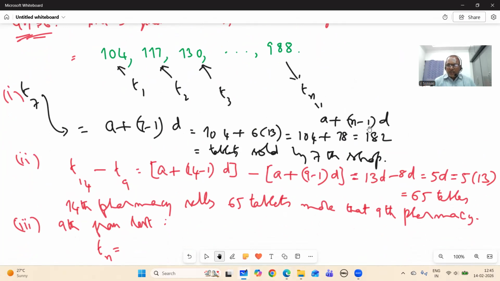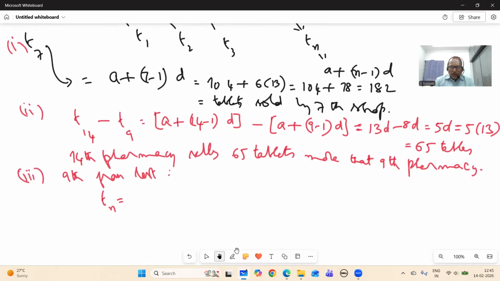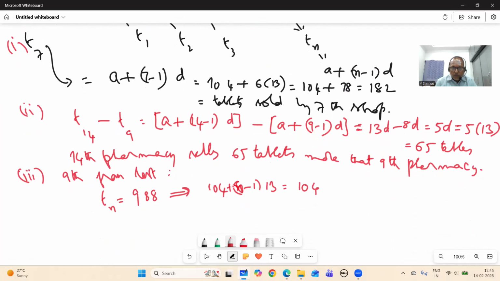We'll make it equal to a plus n minus 1 into d. A is 104, d is 13. We can calculate n minus 1 and then n. So let tn be equal to 988. This implies a plus n minus 1 into d, that is 104 plus n minus 1 into 13 is equal to 988.